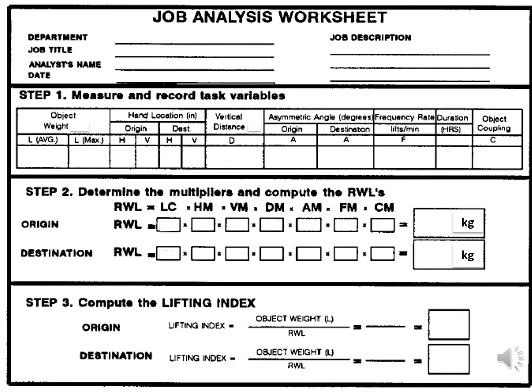Then the hand location in centimeters, where we need to put the value of horizontal origin and vertical origin, then the horizontal destination and vertical destination. After that, there is a column for vertical distance in centimeters.